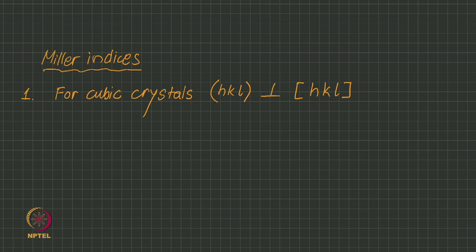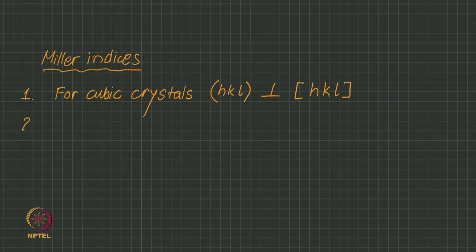Nothing can be simpler than that. What is normal to 111 plane? The direction 111. What is a plane which is perpendicular to direction 110? The plane 110. So, they are mutually perpendicular, but we need a proof of that.